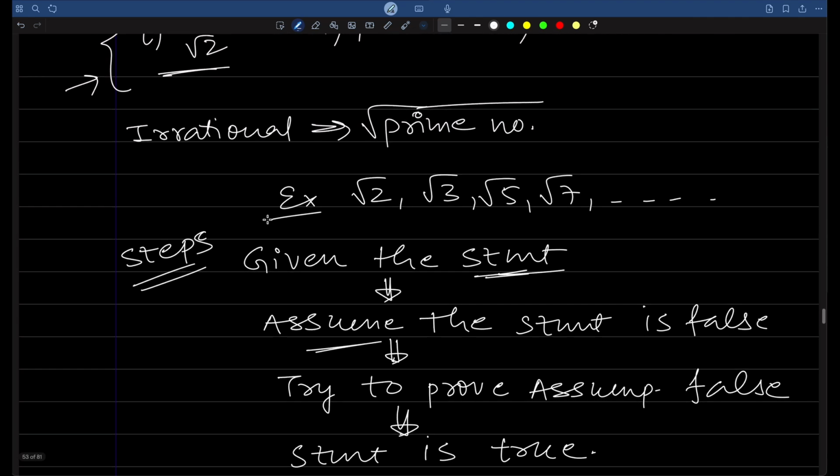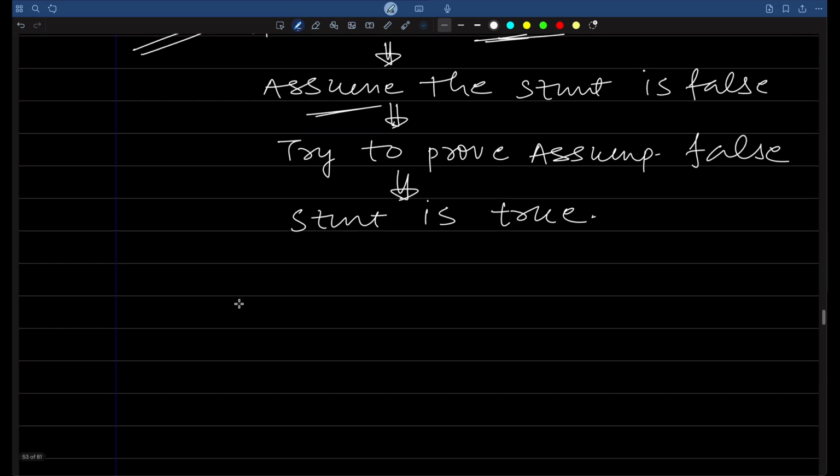The approach we will use is we will try to make the subject the under root number. Let's say, for example, in 1 by root 2 we will assume that this is a rational number of the form a by b, and then we will make the subject root 2, that is equals to b by a.